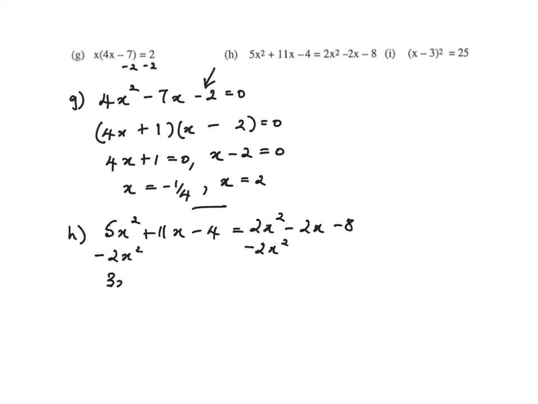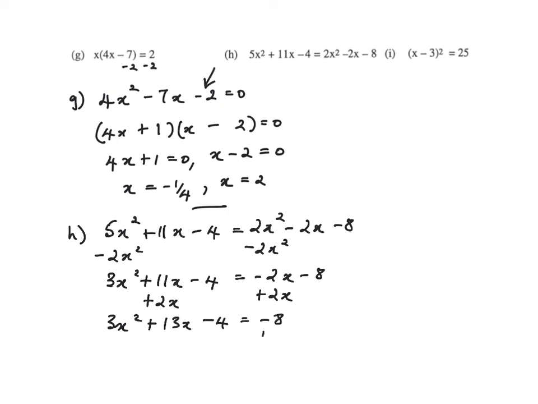So that's 3x squared plus 11x minus 4 equals minus 2x minus 8. I'll add a 2x to both sides. So 3x squared plus 13x minus 4 equals minus 8. Add an 8 to both sides. Finally we have standard form.